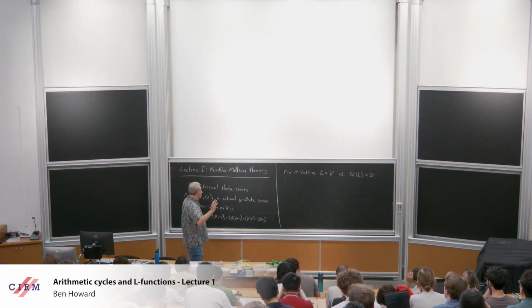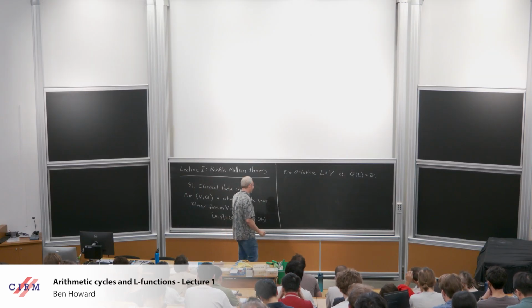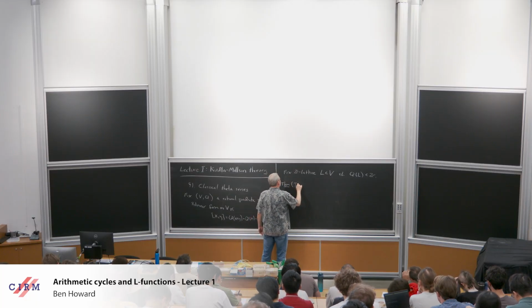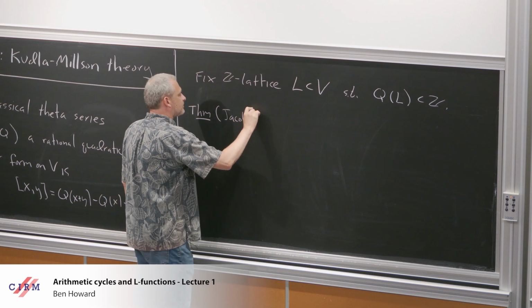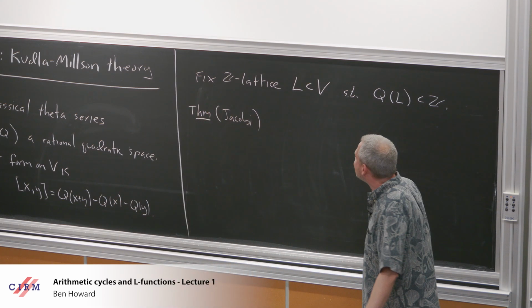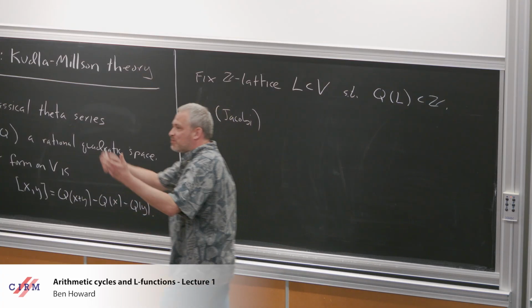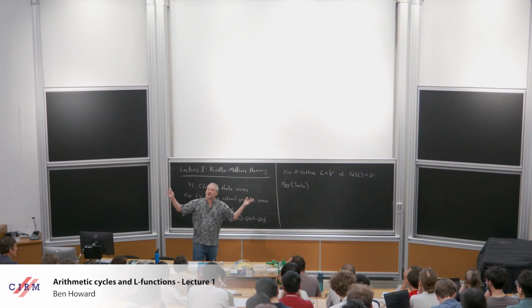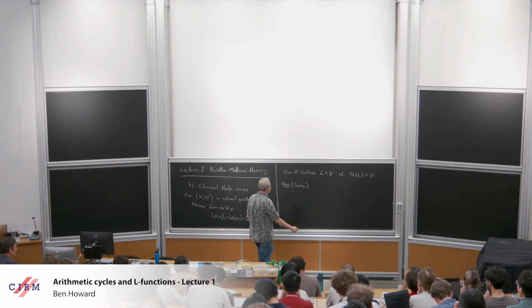Okay, so the origin, the very first result is due to Jacobi. This is something like 1820s, 1830s. You probably all know this, I assume. I mean, it's in Serre's course on arithmetic, which means everybody should know it.